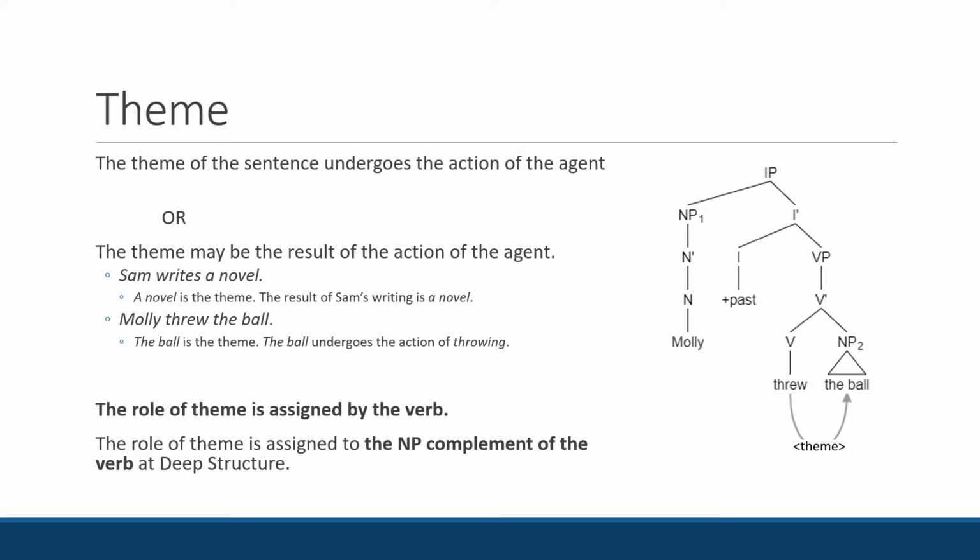The theme may be a result of the action of the agent. In "Sam writes a novel," a novel is the theme. It's the result of Sam's writing a novel. In "Molly threw the ball," the ball is a theme. The ball undergoes the action of throwing. And the role of theme is assigned to the NP complement of the verb at deep structure here.